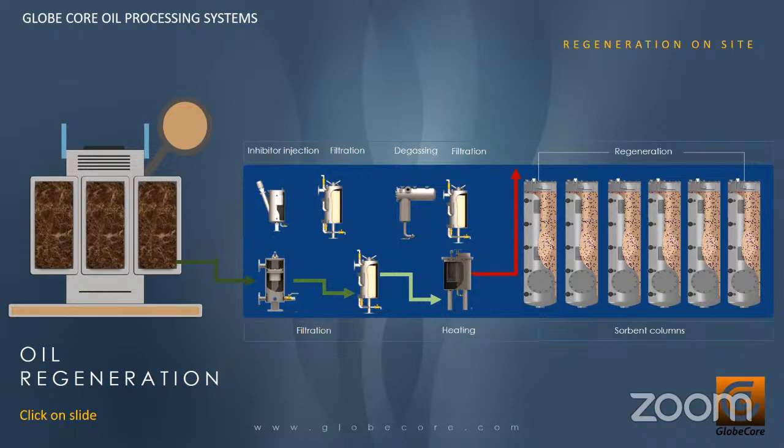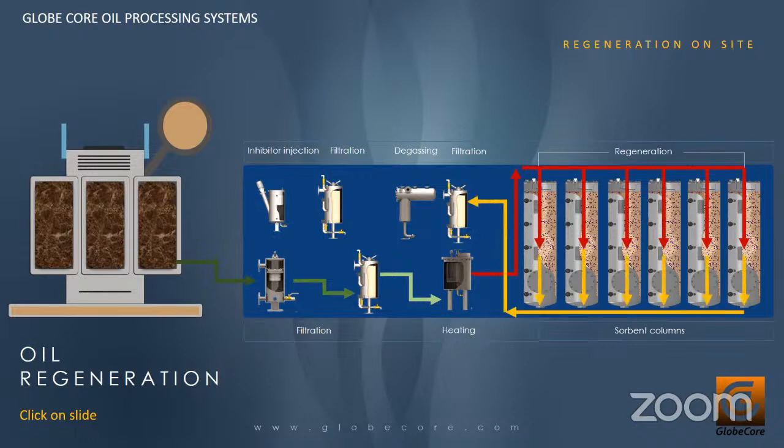Then the oil is supplied through the regeneration columns, where it's regenerated. After that, the oil is supplied to the filters to remove probably small particles of the absorbent which can be found in the oil.